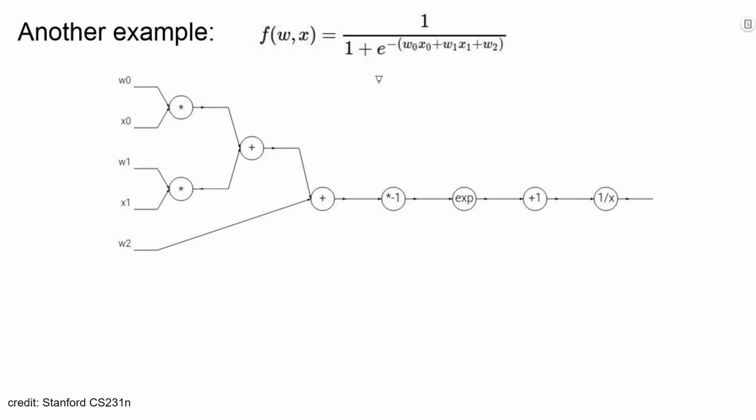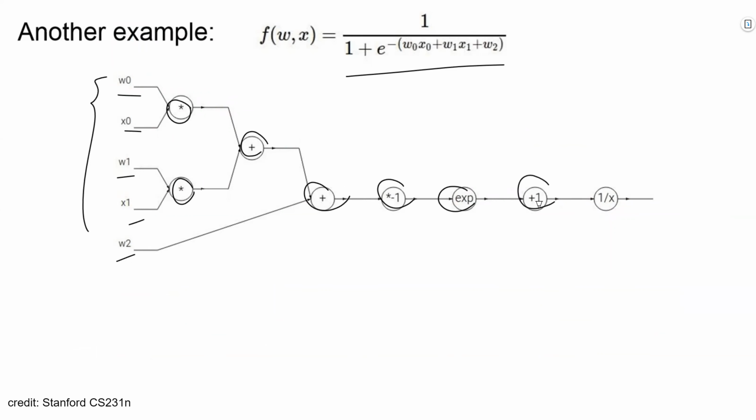Another example is this logistic regression. Here we have 5 variables, W0, X0, W1, X1, and W2. They get multiplied, added, and multiplied with -1 and exponentiated and get added with 1, and then we take the ratio.